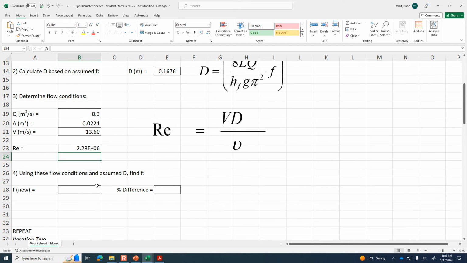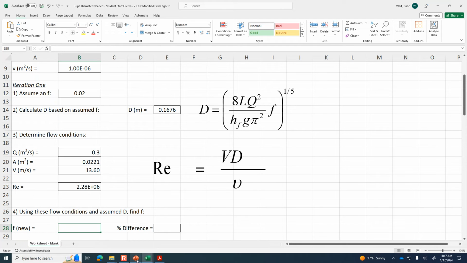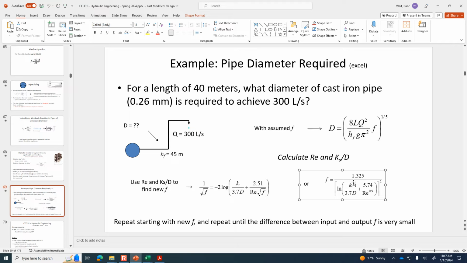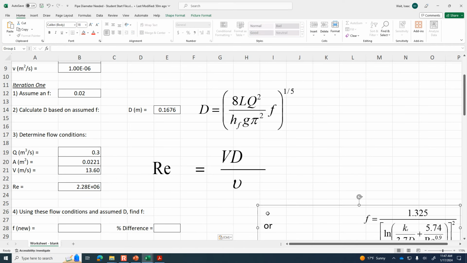So what would be the new F value under those flow conditions? So the new F value, we can use the Jain equation for that. Let me grab the Jain equation here and paste it into the function.